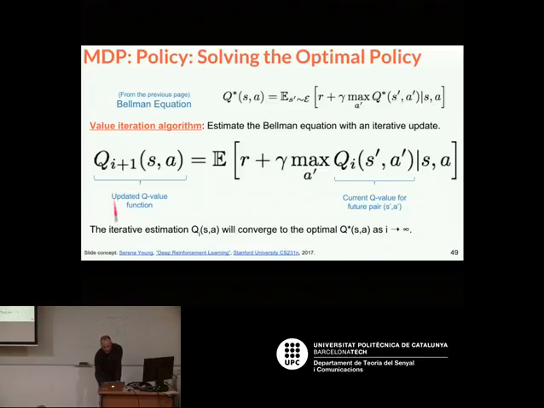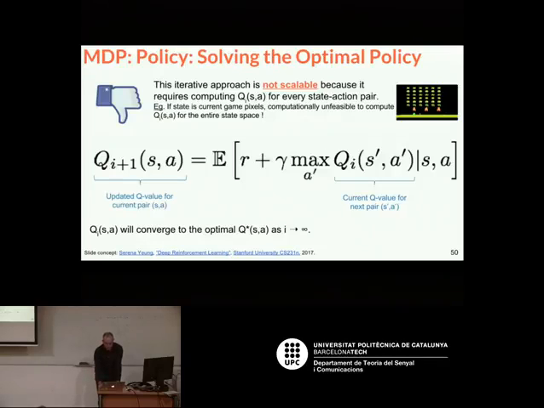The idea is that if we are able to iteratively estimate this Q function, and we iterate until infinity, this estimation will match the actual optimal Q value. So we are trying to estimate the cumulative reward for all the possible state and action pairs.